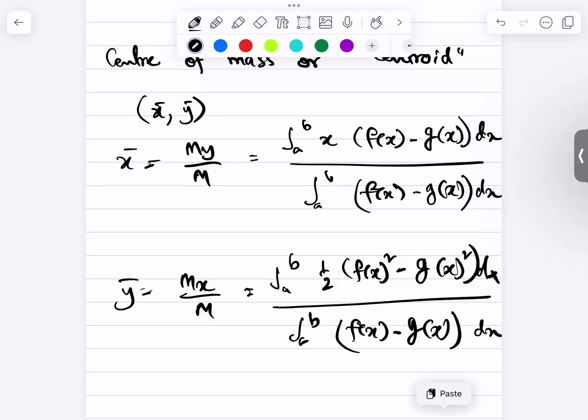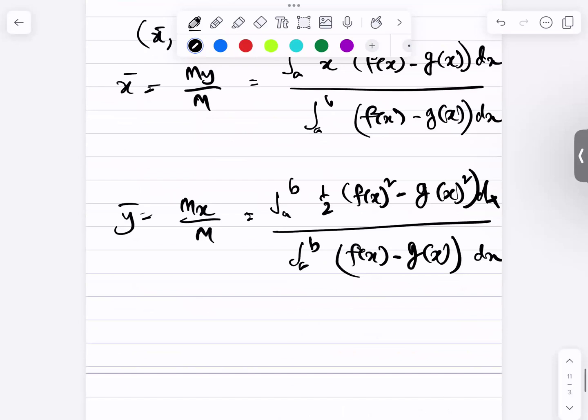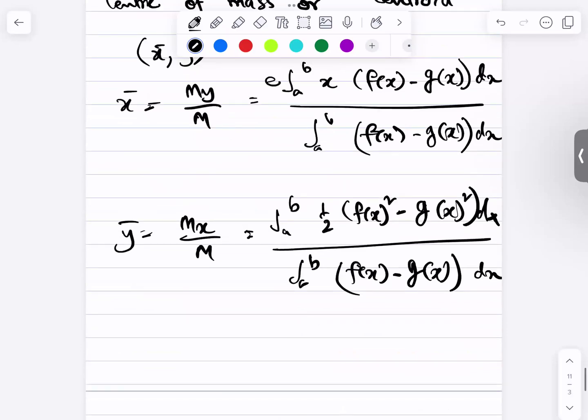Remember, all the E in front will cancel out between the numerator and denominator. Okay.